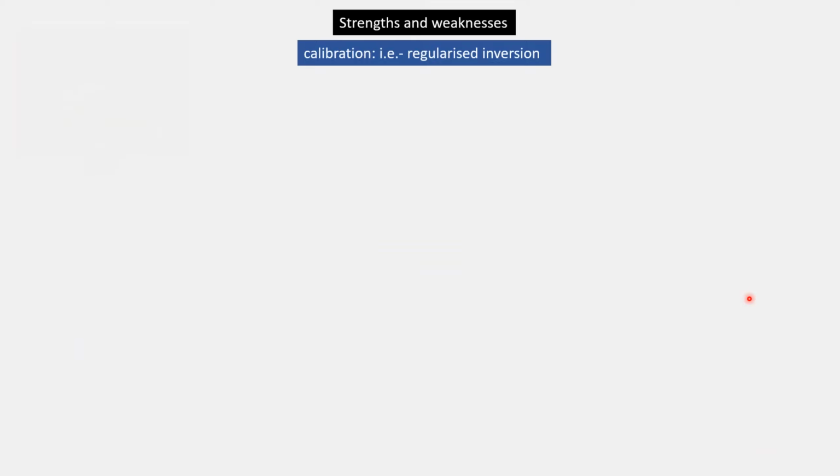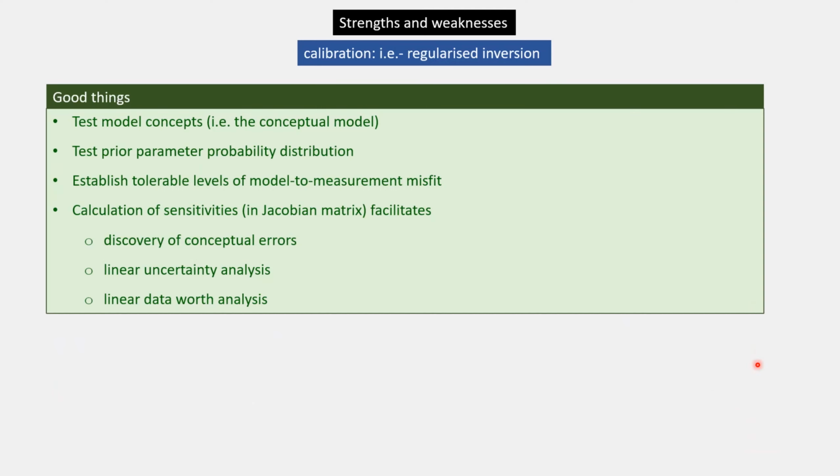So what are the advantages of these two different approaches to history matching, the strengths and weaknesses? Well, calibration, I think, has got some wonderful advantages, especially when we're developing a model, building a model. We don't history match once, we history match many times.